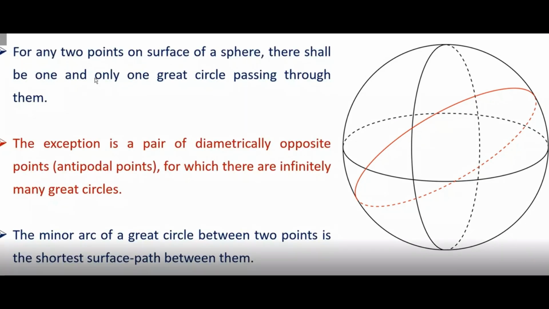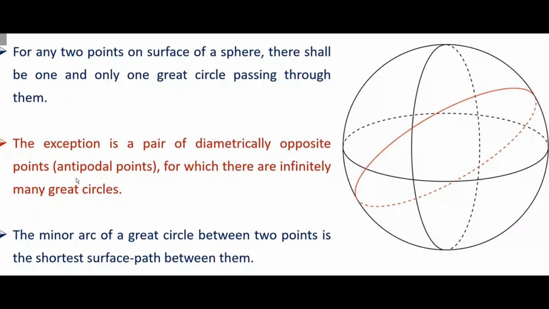So beta, as we see here, for any 2 points there shall be only one great circle passing through them. The exception to this is diametrically opposite points. A very good example of these are the two poles on the Earth's surface, the North Pole and the South Pole. Many great circles can pass through them because they are diametrically opposite points.